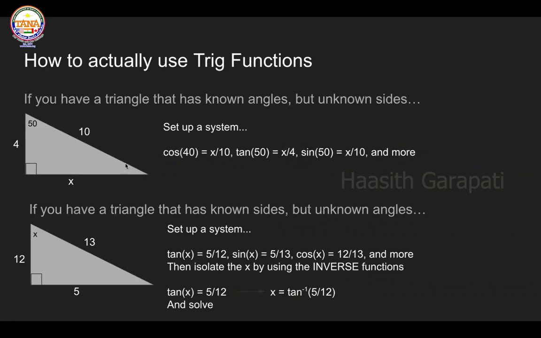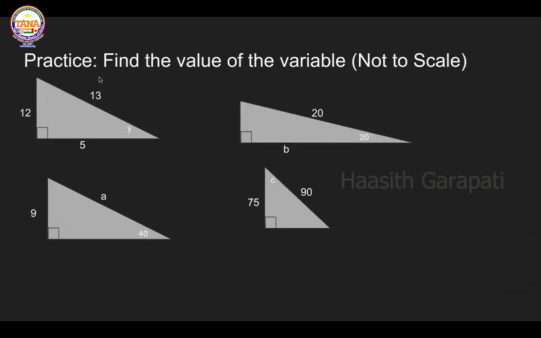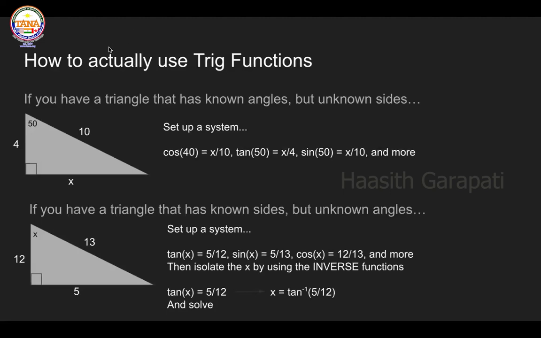For example, okay, we know that the angle over here is going to be 40 because of the 90-degree angle, and that is 50 degrees, and we don't know the value of this side over here.